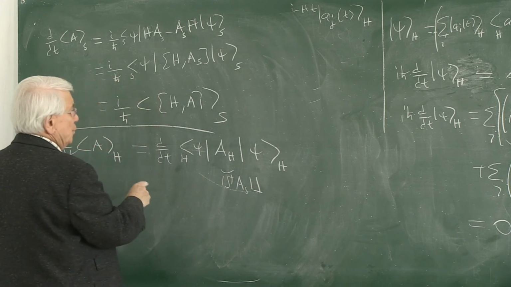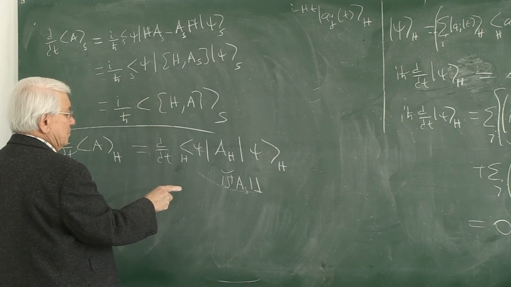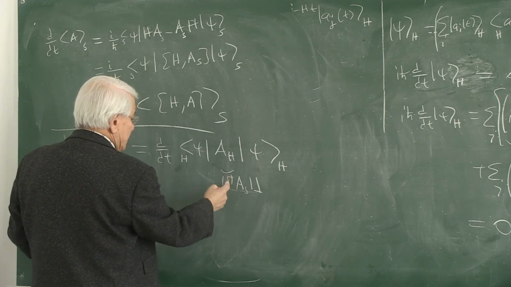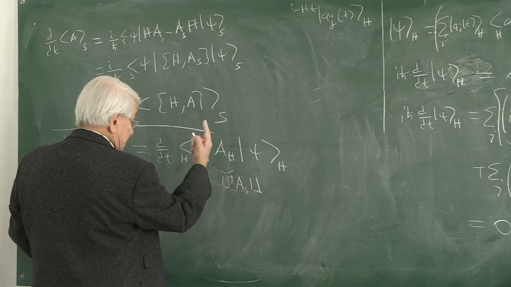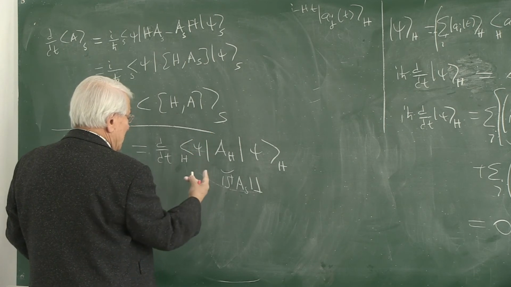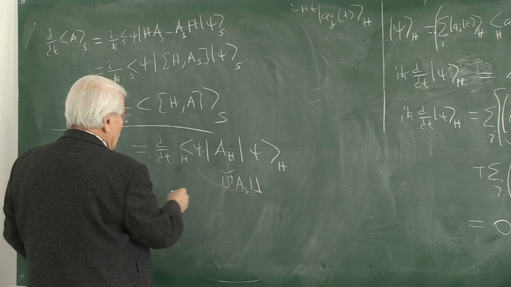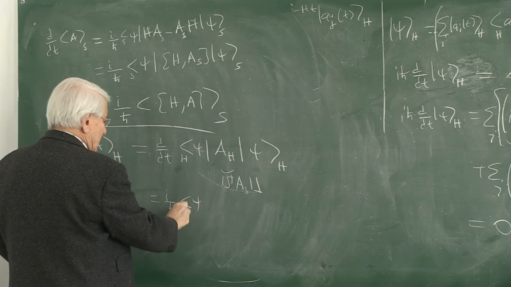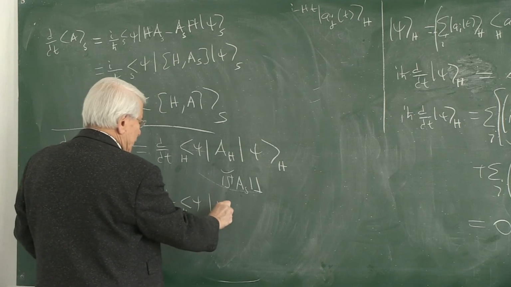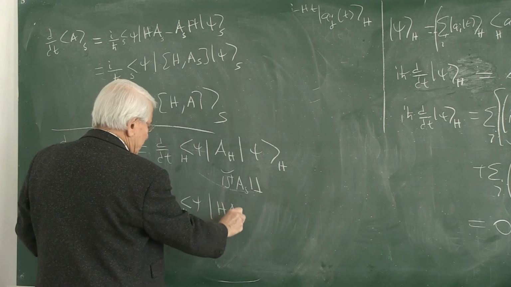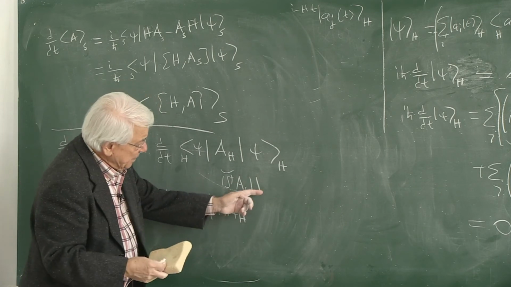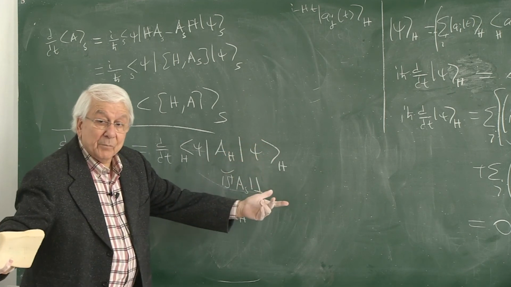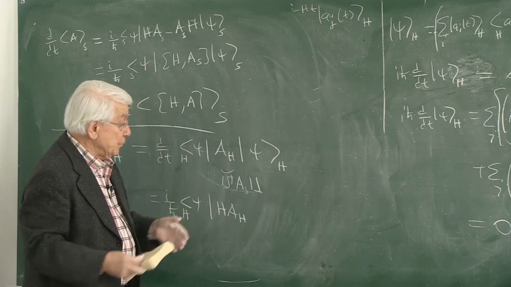So the derivative moves in and acts on U, and again A Schrödinger is time independent. U dagger is what is coming with the plus sign. So it is i over h bar, psi Heisenberg, H, everything else is A H. And the second factor is coming with the e to the minus, because U is the time evolution operator, U dagger is the inverse of it.